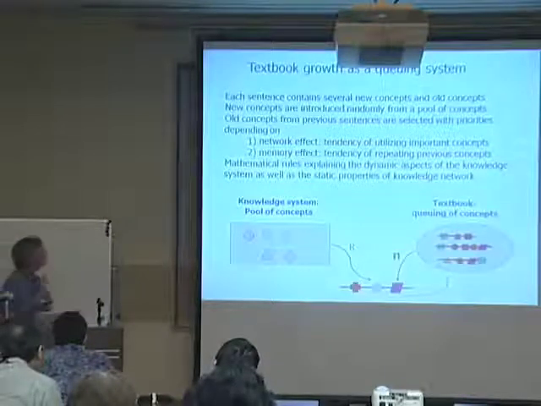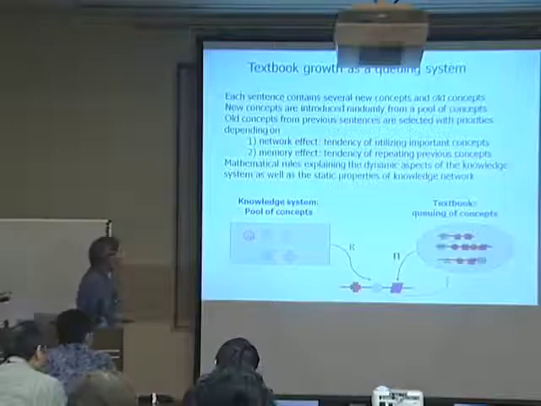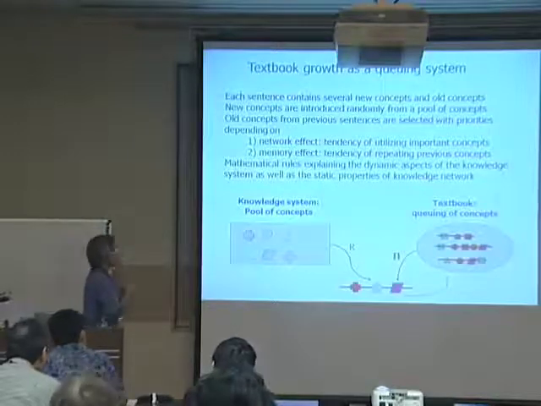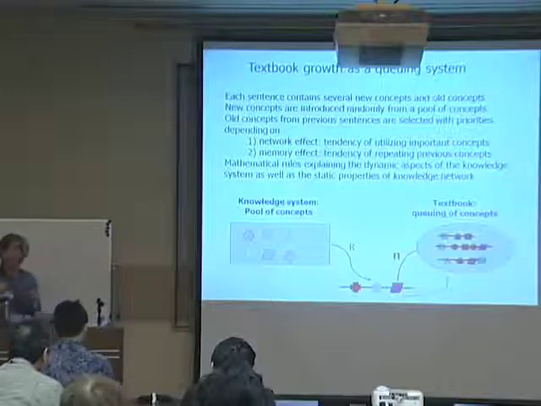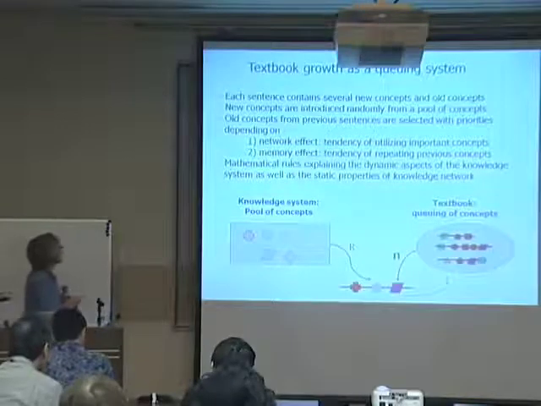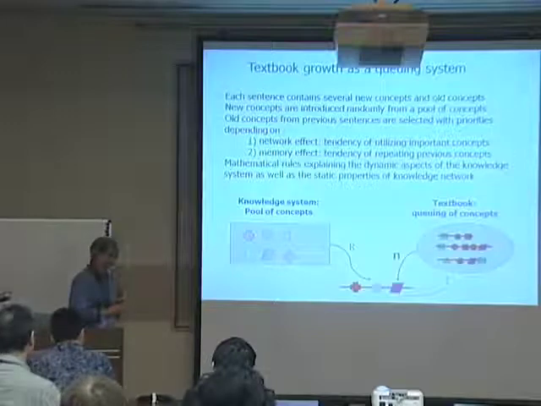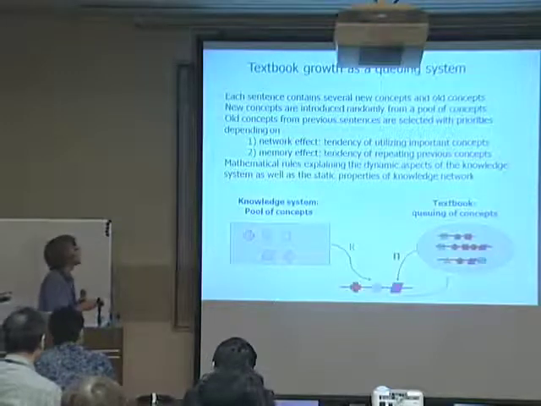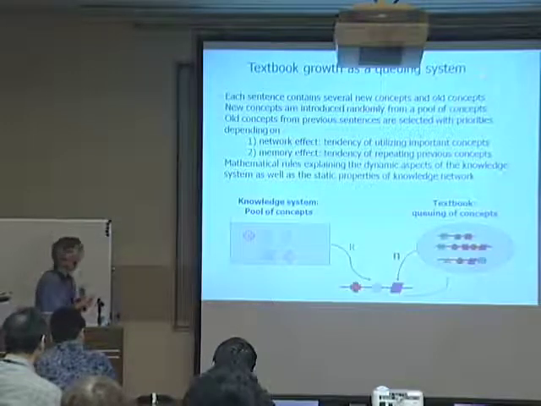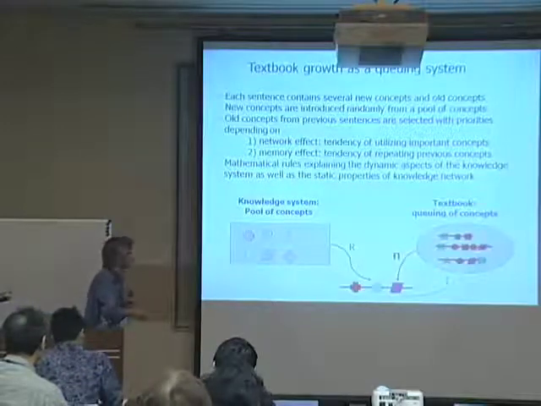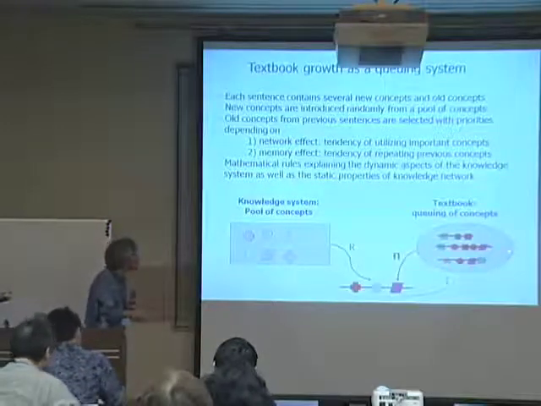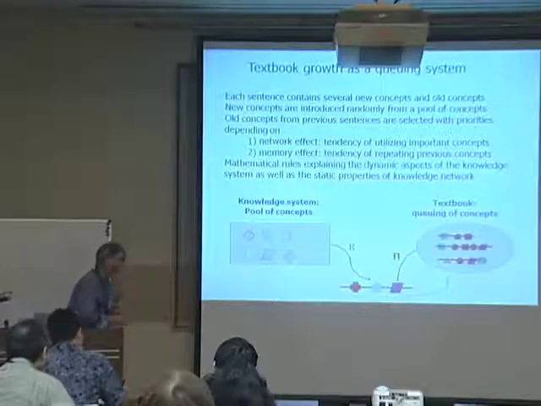So now I'm going to describe the textbook flow as a kind of queuing system, but here it is a little different. For example, for each sentence we have several new concepts and old concepts. Old concepts come from the sequence of sentences so far, and now I am preparing a new sentence to be added.